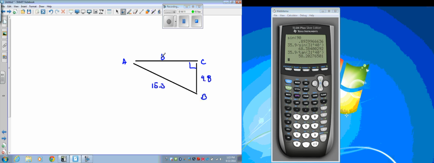This side B, we can't calculate by calculating this angle and then using the cosine of that angle, because this is a calculated value. In order to calculate B using the given information, we have to use the Pythagorean theorem. We have to use the fact that c squared equals a squared plus b squared.